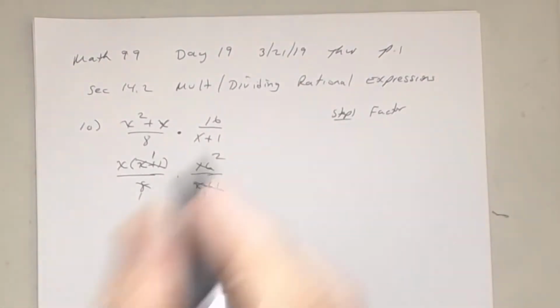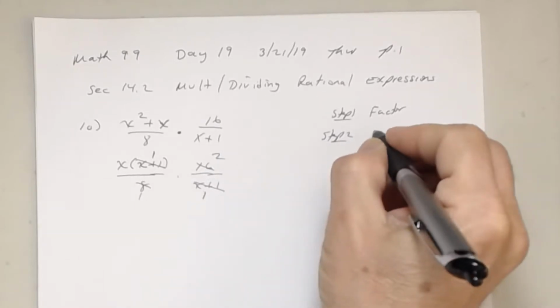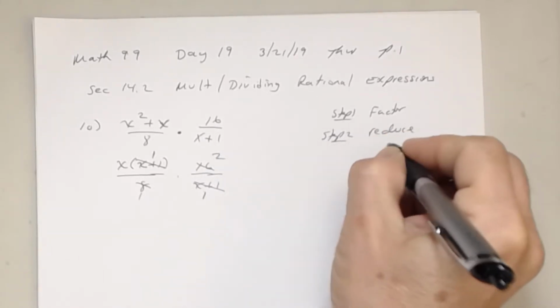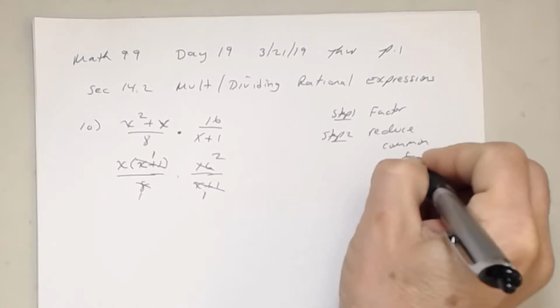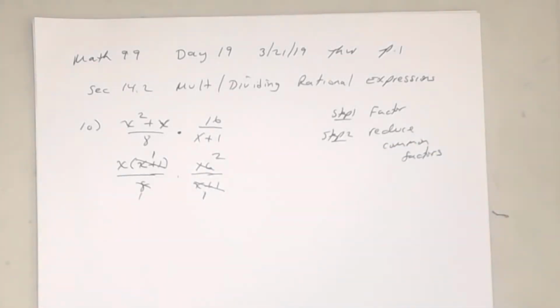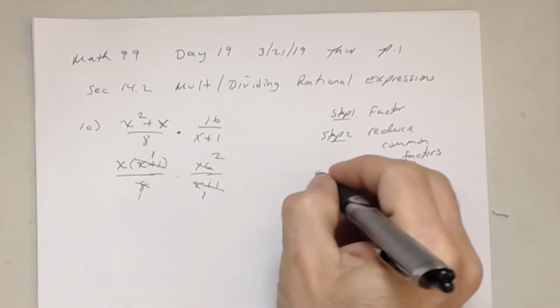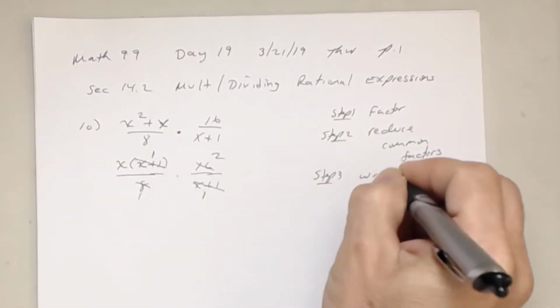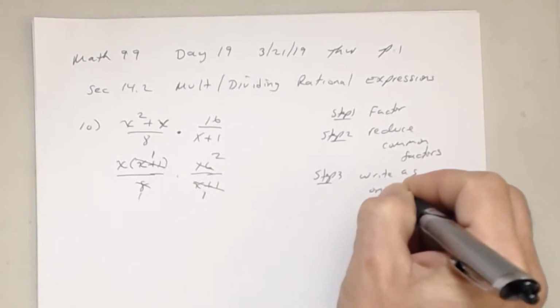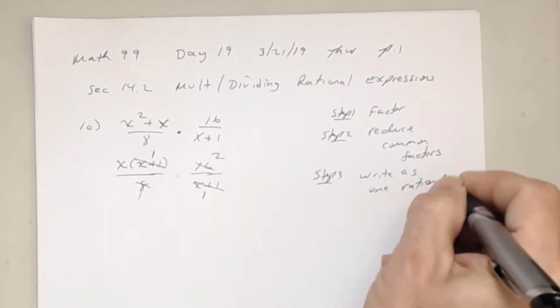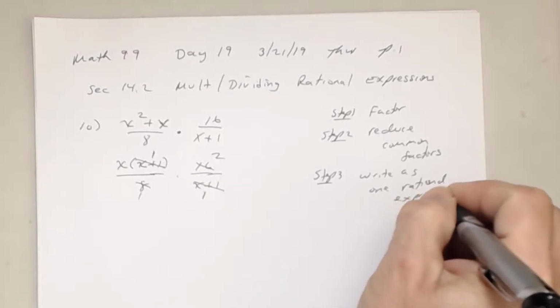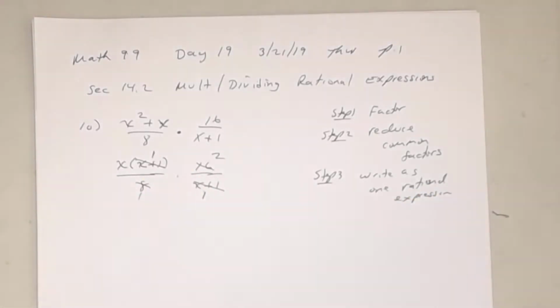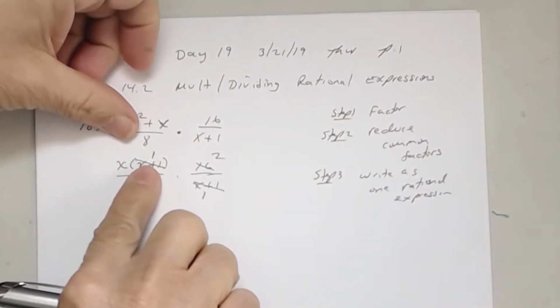So step 1 was to factor. Step 2 was to reduce common factors. And then step 3 is to write it as one rational expression, meaning you're either going to multiply, divide, whatever you're doing. When you multiply the numerators together, you have x times 1 times 2.